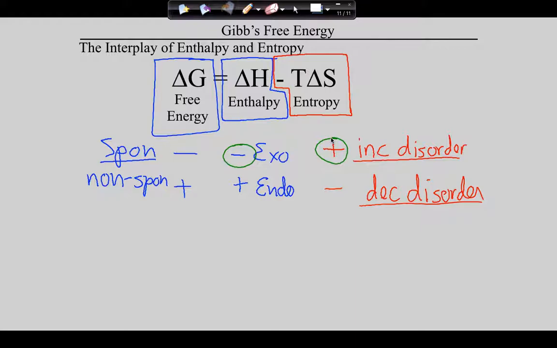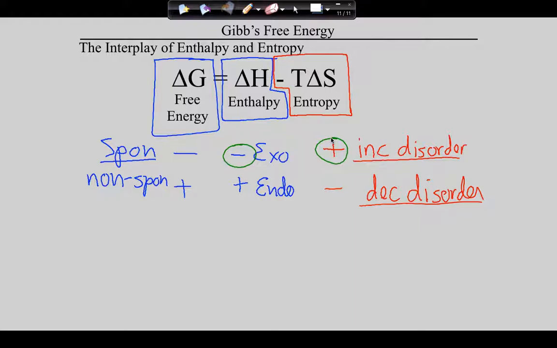Let that soak in. If we've got a negative delta H, that means it's exothermic, and that moves towards spontaneity, right? If we've got a positive delta S, disorder is going up, that also moves towards spontaneity. So if you've got exothermic and increase in disorder, that reaction is always going to happen.